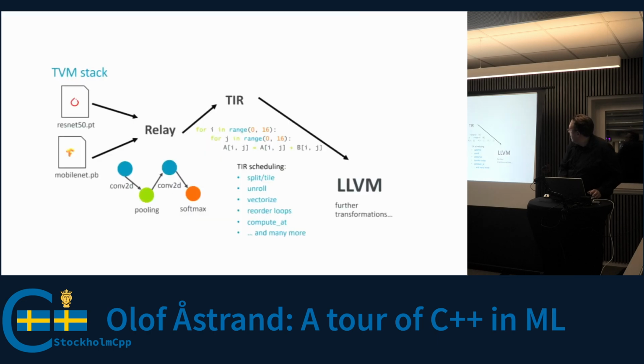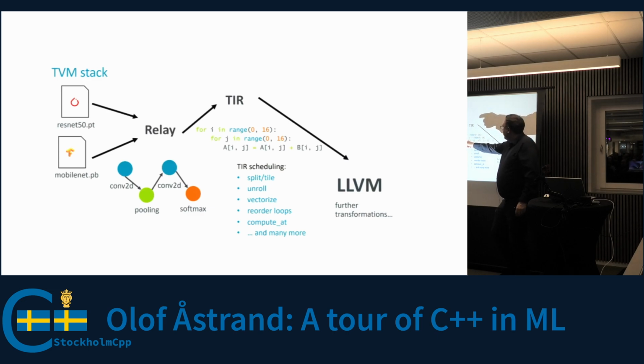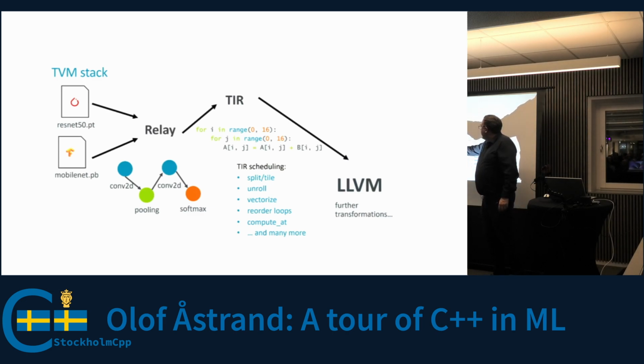It's called Relay. So you import the model, from PyTorch or TensorFlow, and you go to the Relay language. It's a network of operations, a graph of operations. And then it will translate into tensor IR.